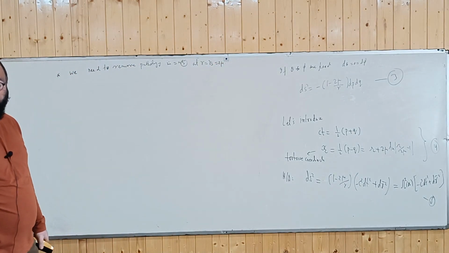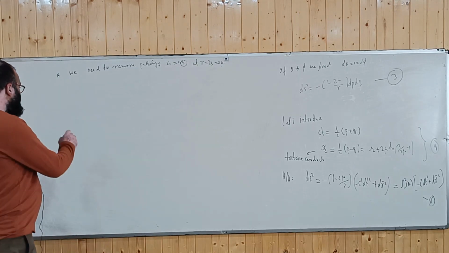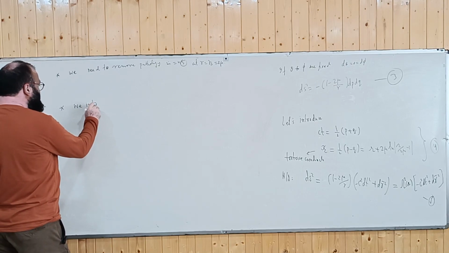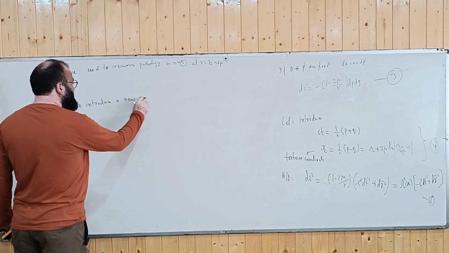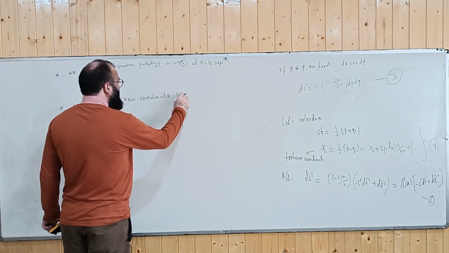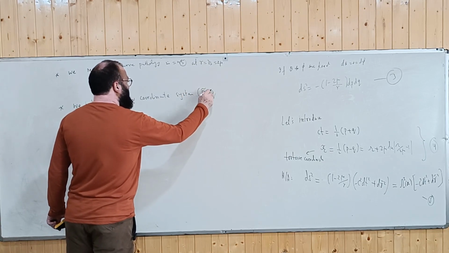Okay, so how to do it? Now let me introduce a new kind of coordinate system. We introduce a new coordinate system, let's call that P tilde and Q tilde.